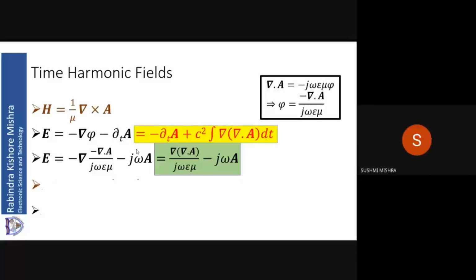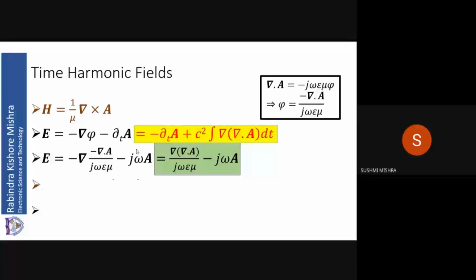Then minus dou A by dou t is equivalent to j omega if I am considering a time harmonic case, so minus j omega A. So instead of the previous equation, what I have got now is gradient of divergence of A upon j omega epsilon mu minus j omega A.